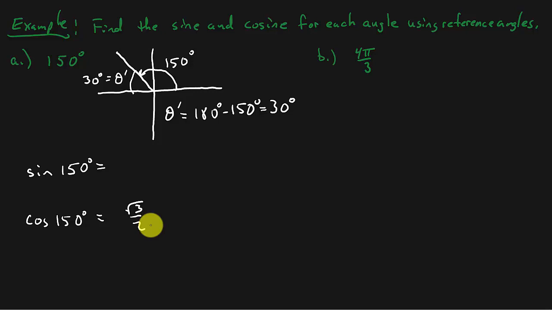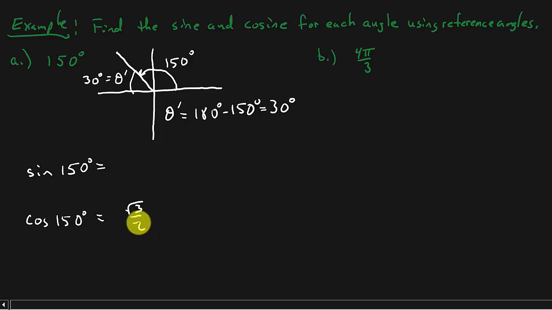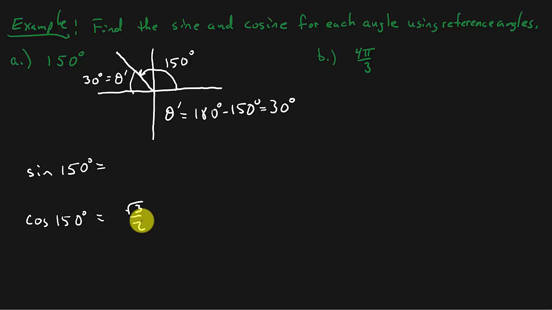If you've been watching these videos, you're probably sick of hearing me say it, but you've got to memorize them. What that reference angle is doing is getting us this value here, but we're not done yet. We know the cosine of 30 is square root of 3 over 2.